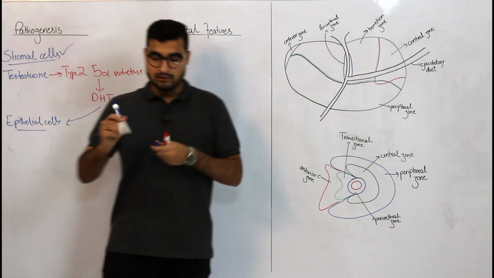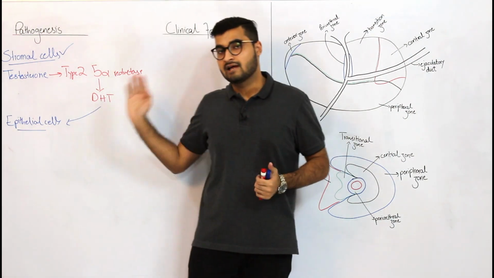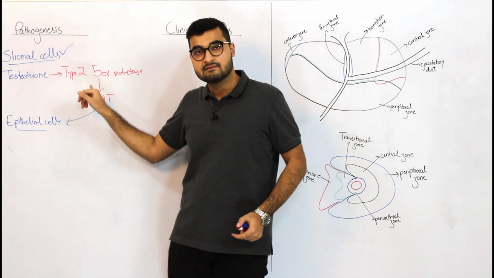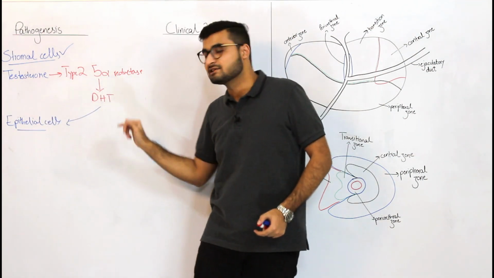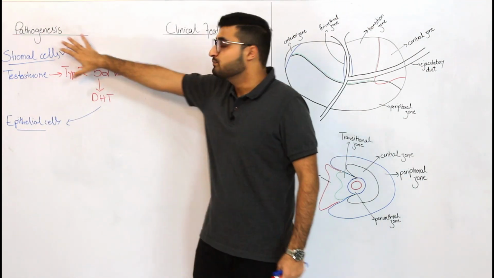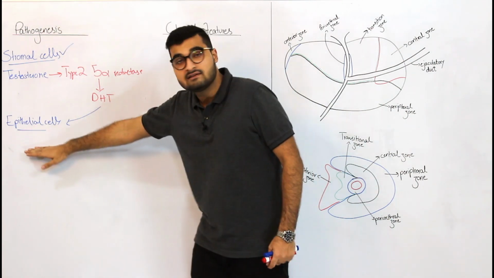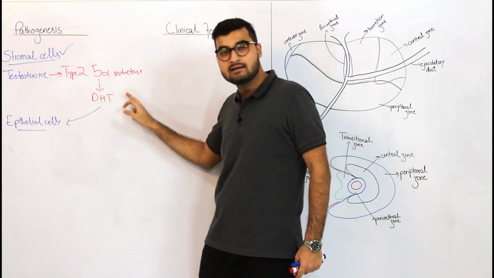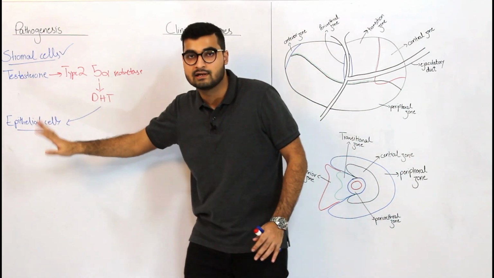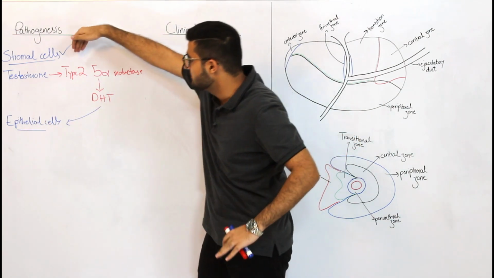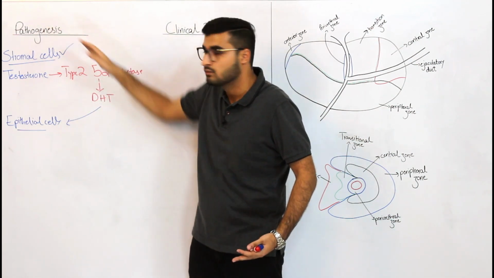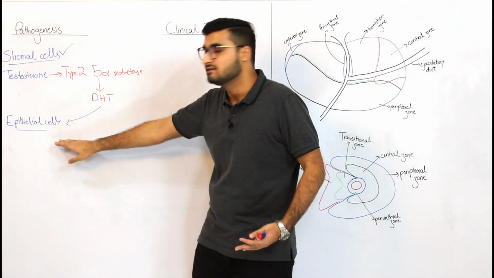So you had one enzyme, type 2 5-alpha reductase, just present in these stromal cells. What does this enzyme do? It converted testosterone to DHT. Now this DHT was present in stromal cells, right? Epithelial cells were lacking this enzyme. Now what to do? Stromal cells donated DHT to epithelial cells as well. So now you have DHT present in both stromal cells, because that is where it's being produced, and epithelial cells, because stromal cells give a bit of DHT to epithelial cells as well.